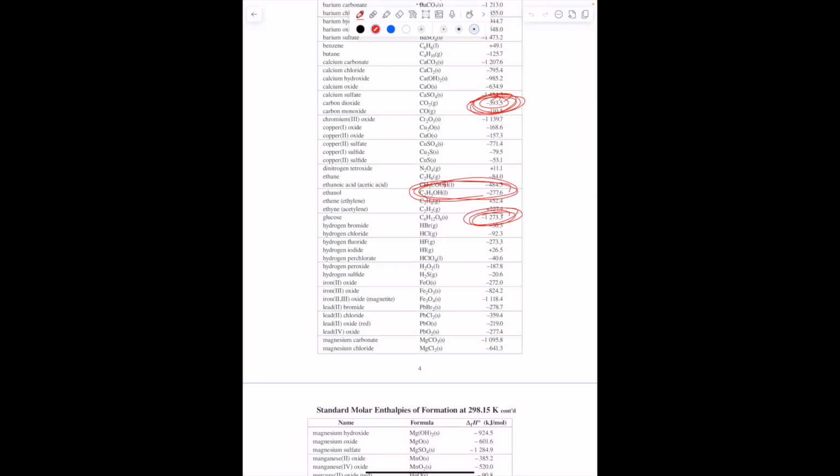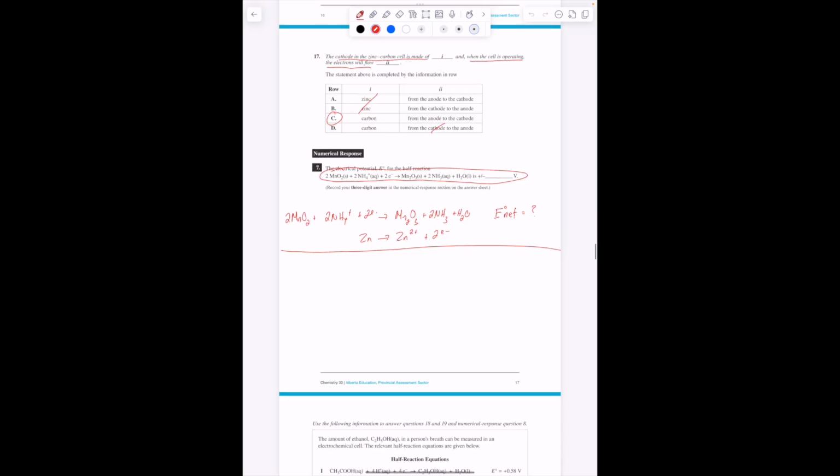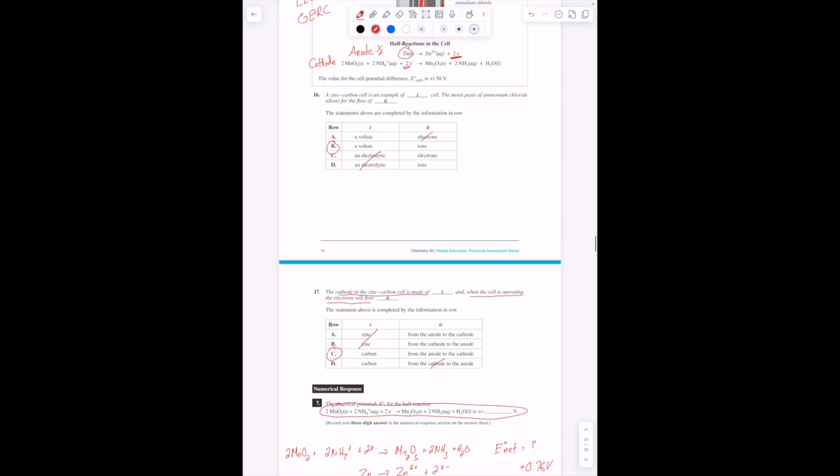Zinc in our data book is right here, and its voltage is negative 0.76. That's for a reduction equation going this way. If I flip it, which is what I got in this case, it's a positive 0.76 volts. Okay, I know that. And what else do I know here?